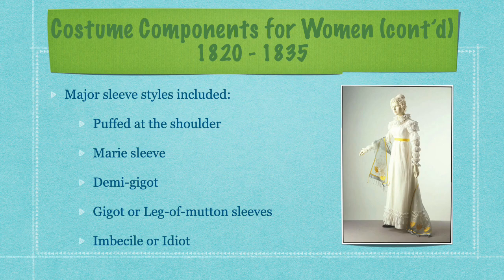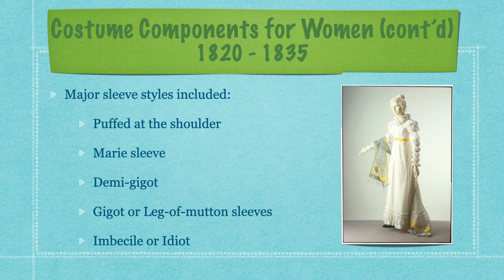So sleeve styles varied. Major styles as per Cunnington and Cunnington include styles that were puffed at the shoulder, the Marie sleeve, the demi-gigot, the gigot or leg of mutton sleeves, and the imbecile or idiot sleeves. So sleeves that were puffed at the shoulder were then attached as a long sleeve which was fitted to the wrist.